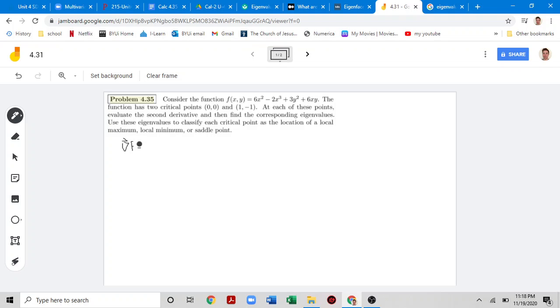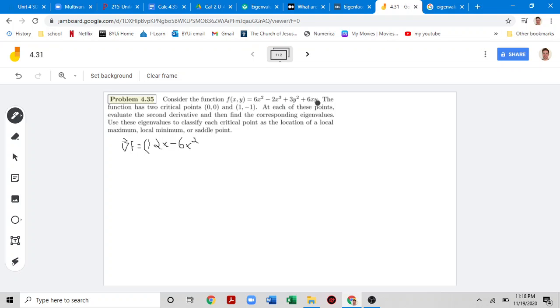For the first part, we want to make the y's constant and do it with respect to x. So this will be 12x minus 6x squared.